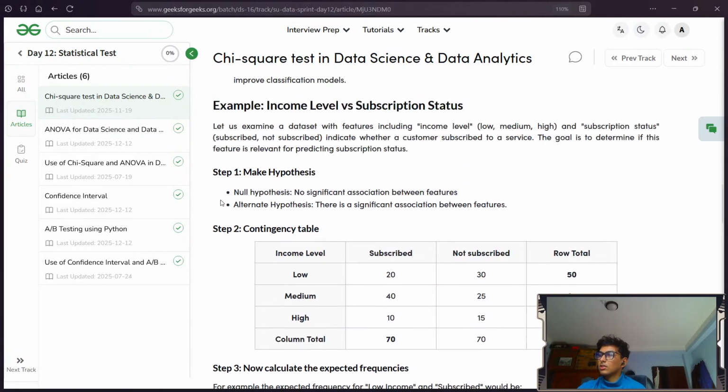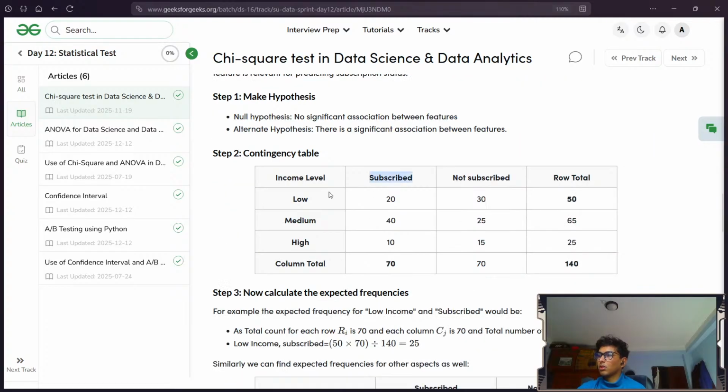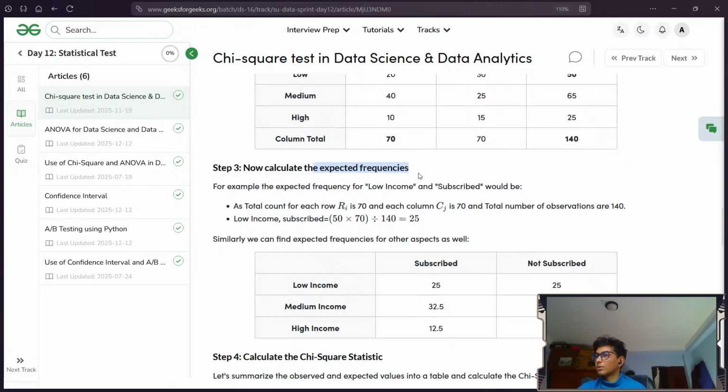The contingency table is this: subscribed, low, medium, high, and column total and row total. Now calculate the expected frequencies.